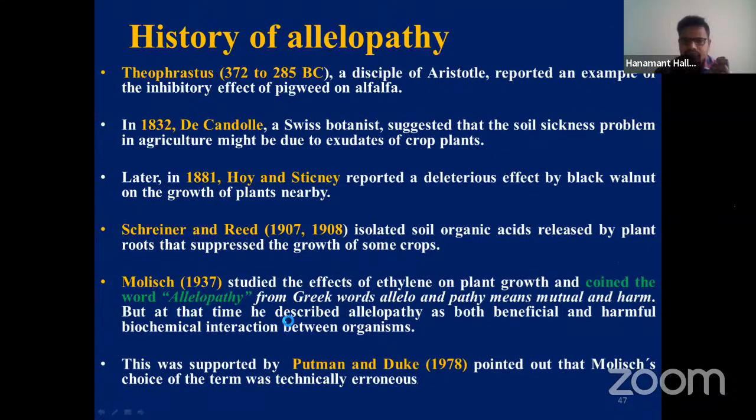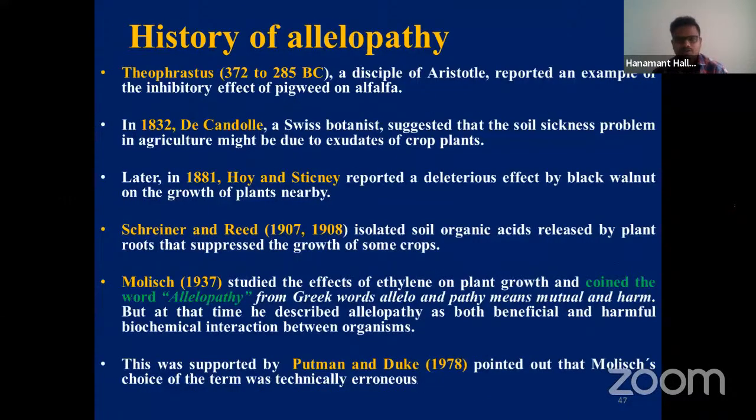Allelopathy is from the Greek words allelo and pathy, meaning mutual and harm. At that time he described allelopathy as both beneficial and harmful biochemical interaction between organisms. Putnam and Duke pointed out that Molisch's choice of the term was technically erroneous.